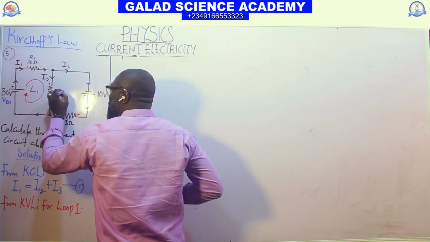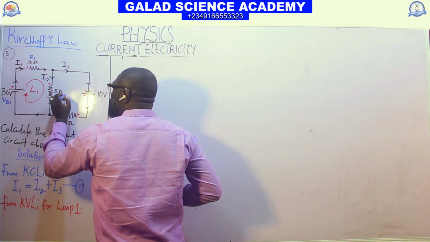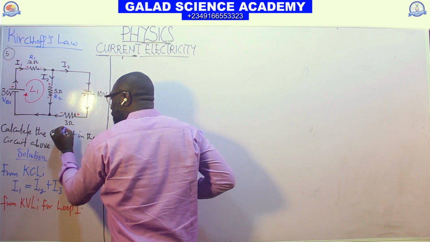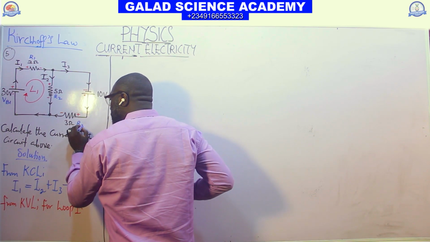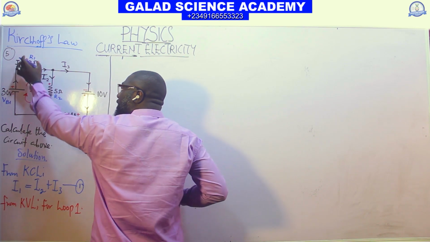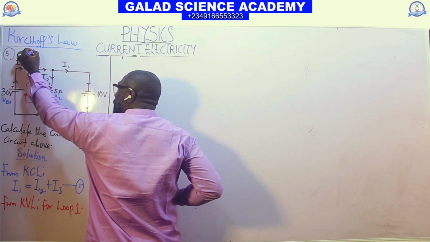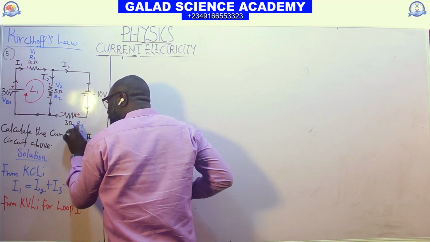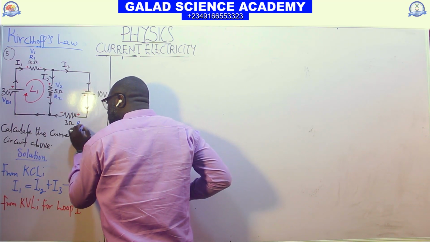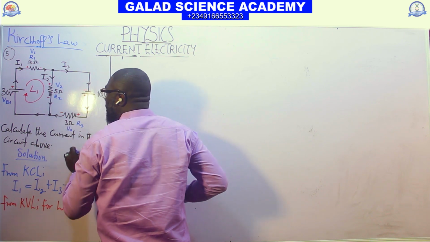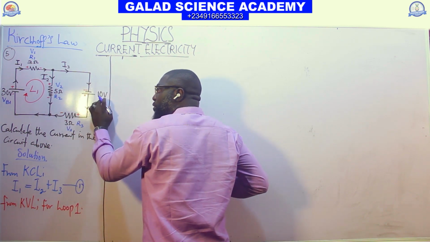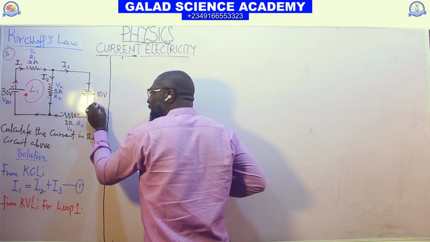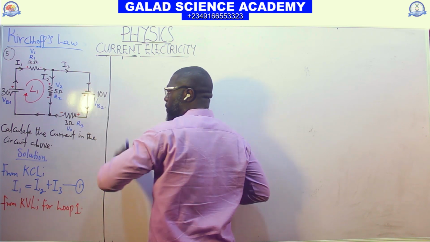This resistor, R2. This resistor, R3. The voltage for this resistor here is V1. Voltage for this resistor here, call it V2. For this resistor here, V3. Voltage for this 10 volts, call it voltage V2.